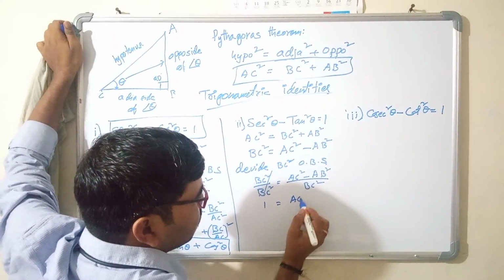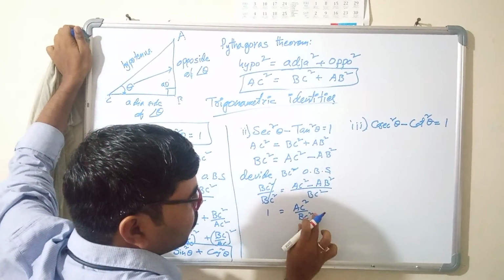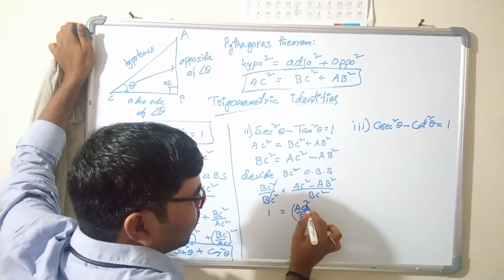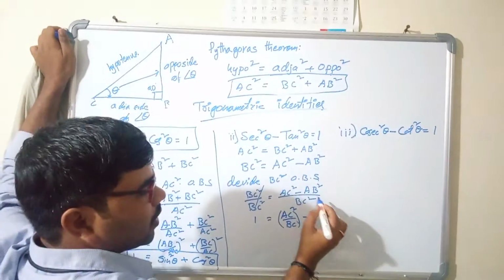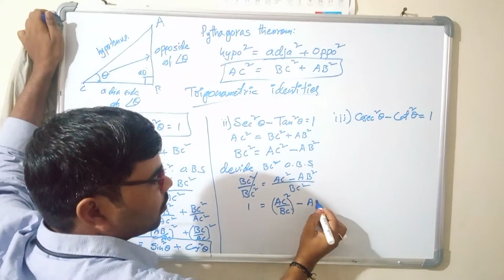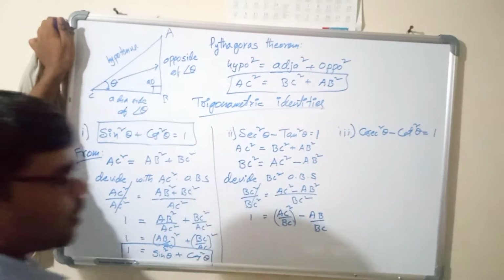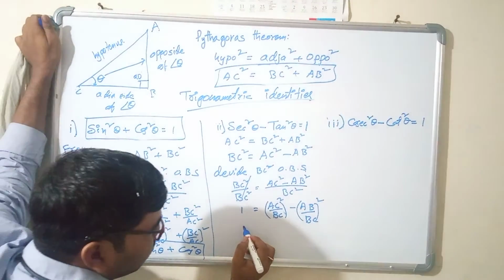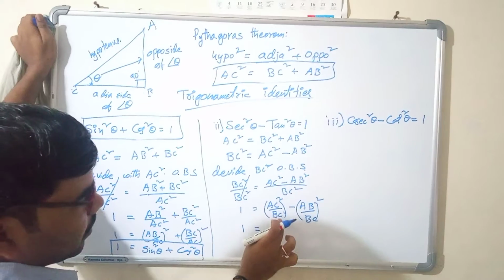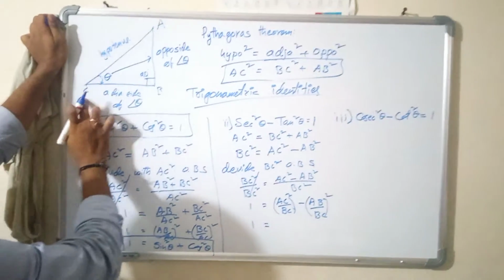then AC square by BC square, we can write AC by BC whole square, minus AB square by BC square, we can write AB by BC whole square also. Then 1 is equal to AC by BC. AC means hypotenuse side, BC means adjacent side.